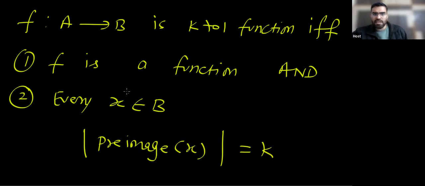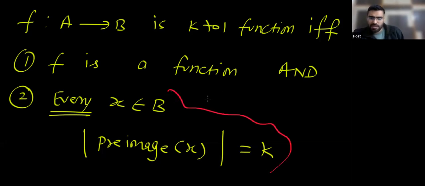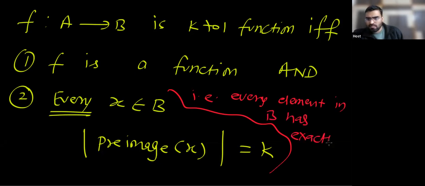Means every element in B has exactly k pre-images. So this type of function is called a k to 1 function.